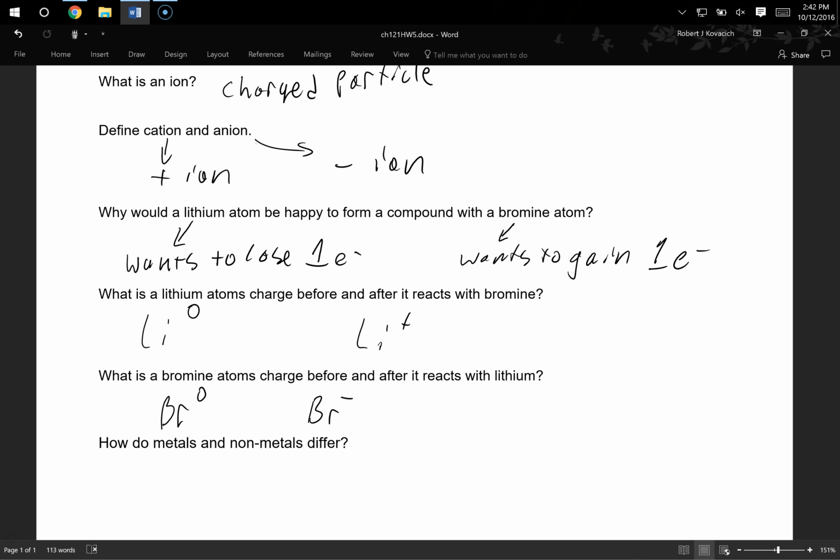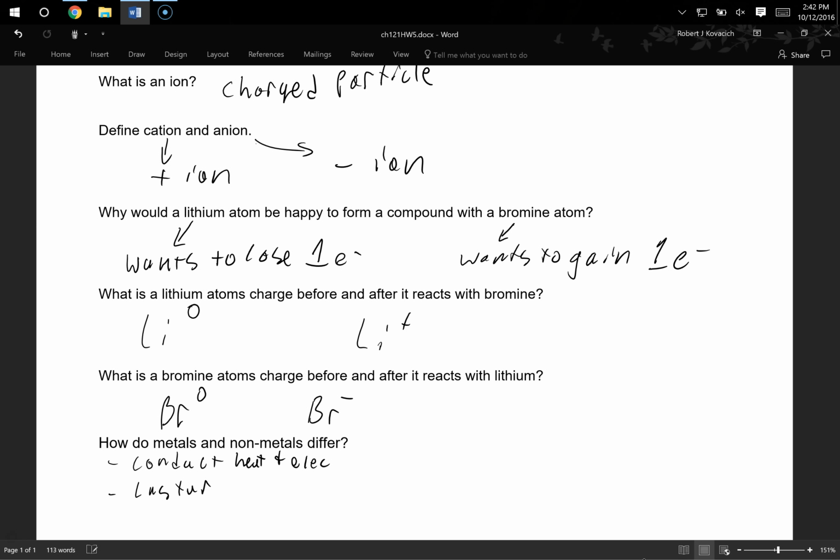All right, metals, nonmetals, how are those guys different from each other? Okay, so metals conduct heat and electricity.